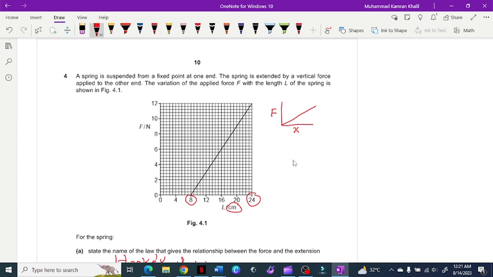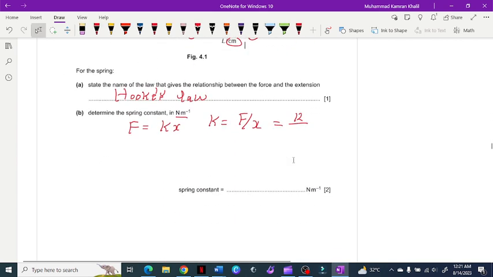So we will do the calculation: 24 minus 8, and then divided by 100, because we want to convert it into meter from centimeter, 0.16. So the answer is 75.